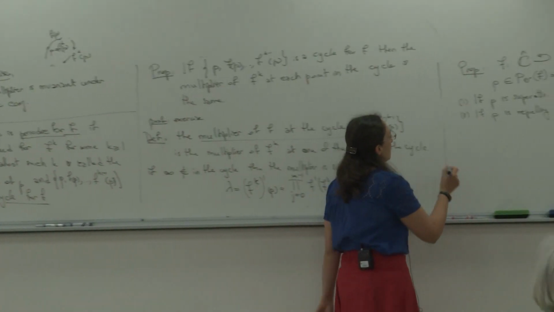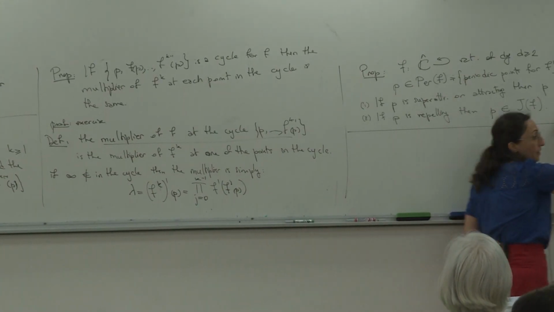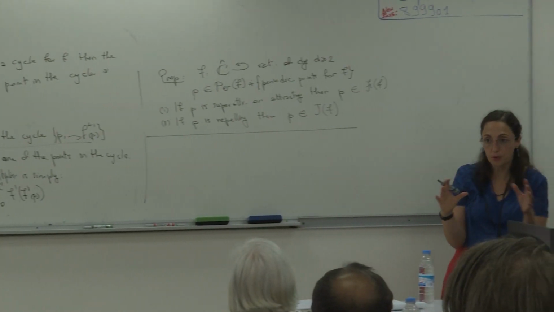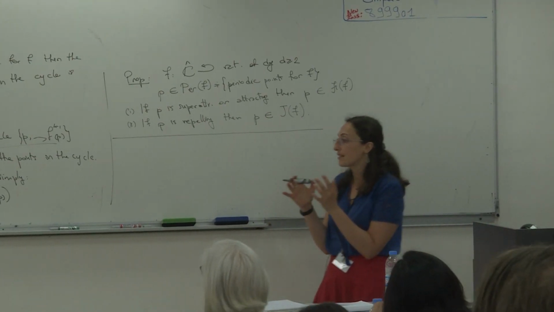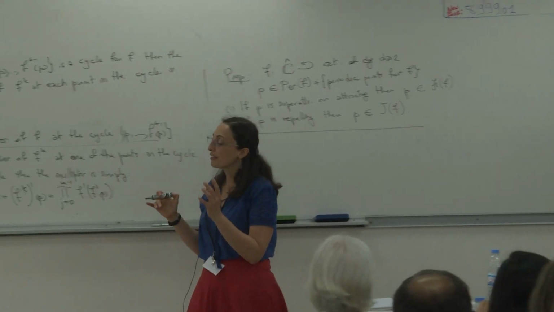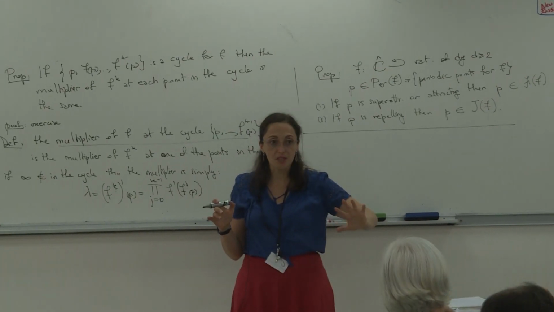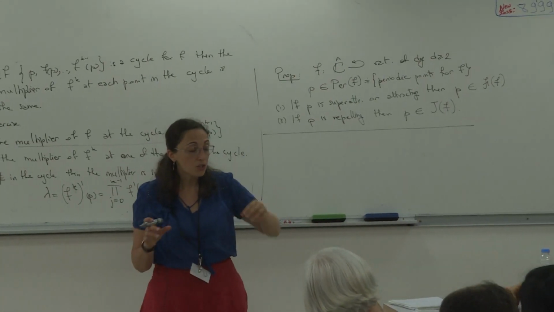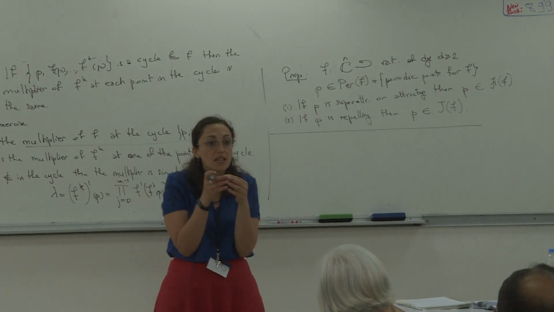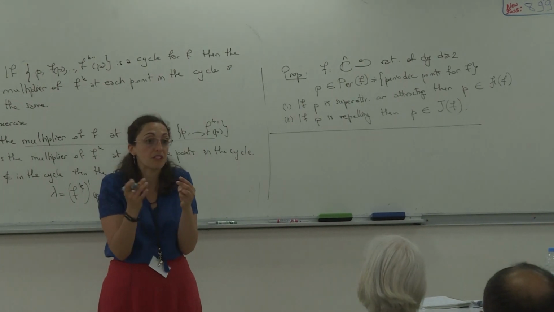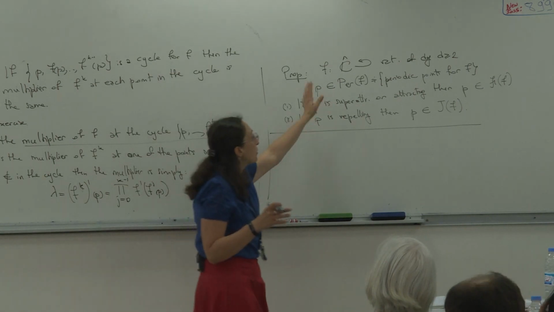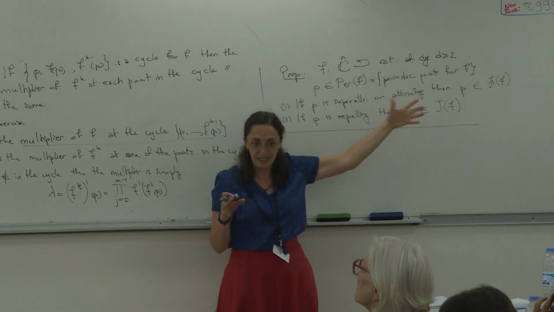This proposition is something you can try to prove by using the fact that being in the Fatou set is a local condition. All you need to know is that you have convergence in the neighborhood of your fixed point. Up to an iterate, you can consider that it is fixed.